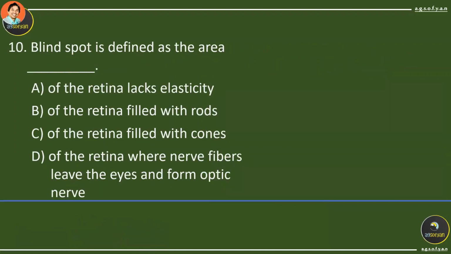Blind spot is defined as the area A, B, C, or D. The area that has the photoreceptors is called the retina. There are some retina areas that actually do not have photoreceptors, like rods and cones.